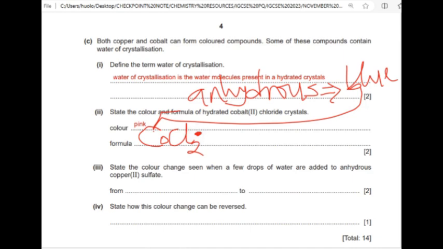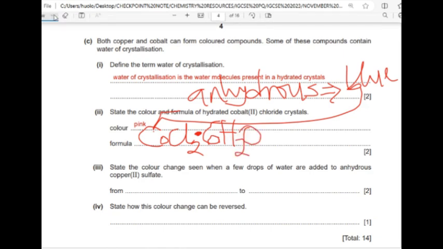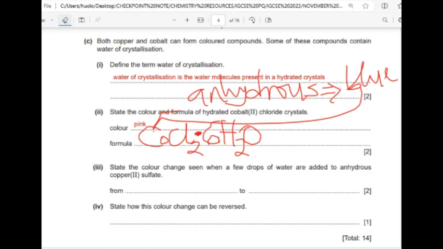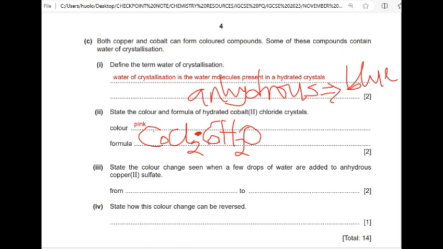The number of water molecules is 6, so you have 6 molecules of water, and that becomes the formula for the hydrated cobalt 2 chloride. So that's done.